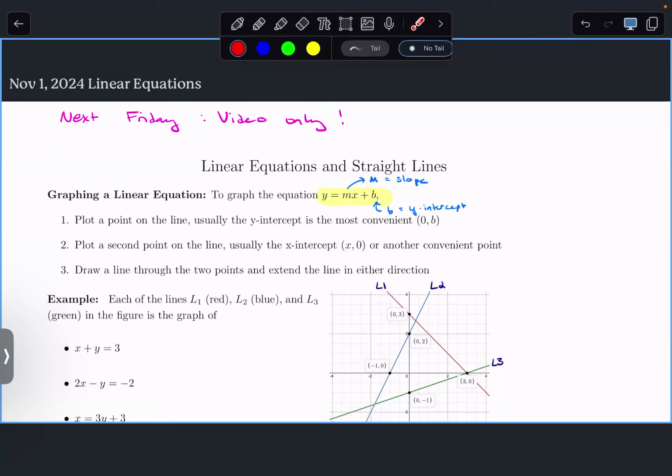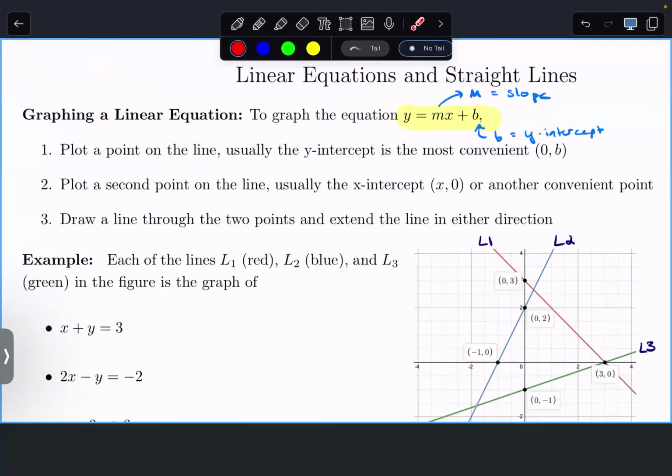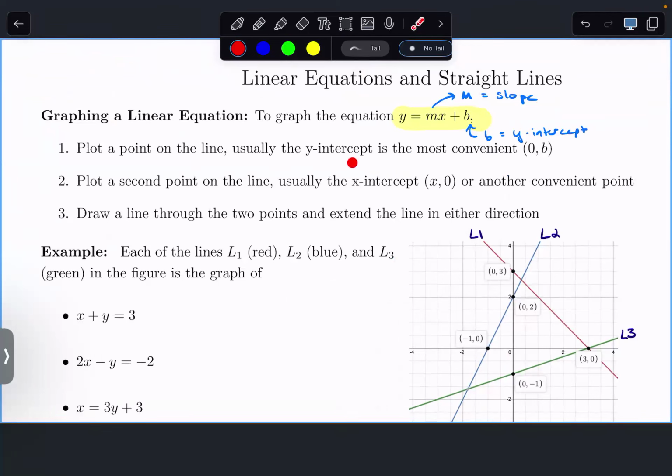All you need to draw a line is 2 points on the line. My go-to move is, well, it's usually easy to find the y-intercept, right? I set x equal to 0 and I solve for the y-intercept, and that's one of the points on my line. Then you're going to plot a second point.